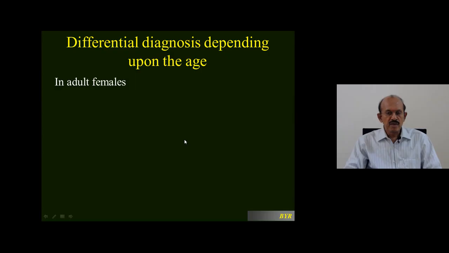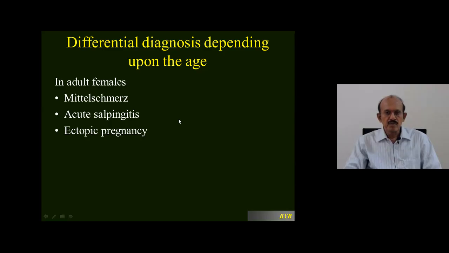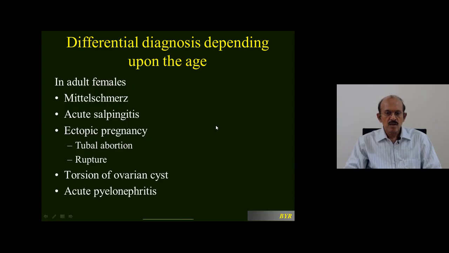Then in adult females, we should consider the pelvic disorders: mittelschmerz, acute salpingitis, ectopic pregnancy, that means ectopic pregnancy with either tubal abortion or tubal rupture, torsion of an ovarian cyst, and acute pyelonephritis.